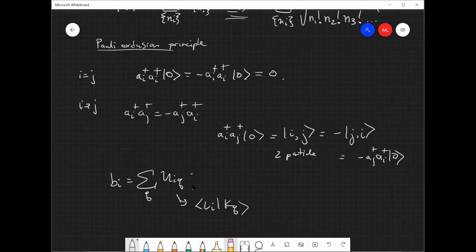That's sort of what we had before. And similarly for the creation operators.